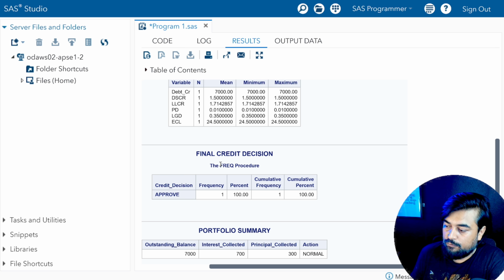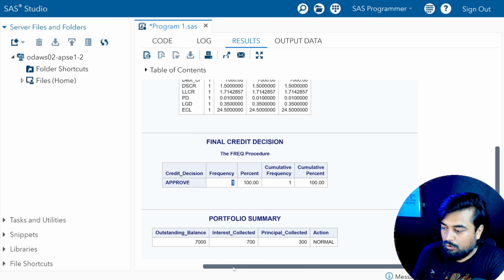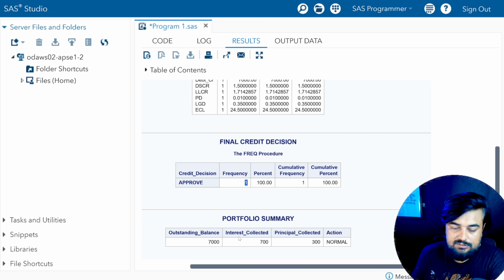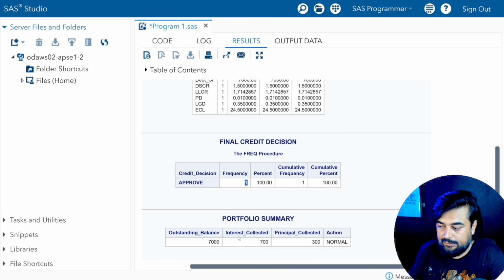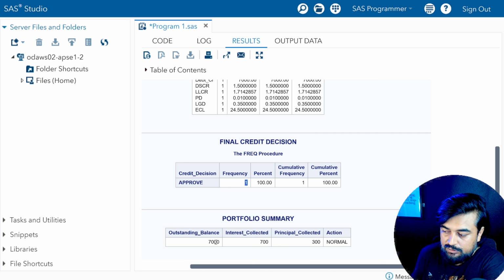Then you check the output of proc freq: there is only one decision, approve, frequency 100%. And the overall portfolio summary shows outstanding balance, interest collected, principal collected, action is normal.